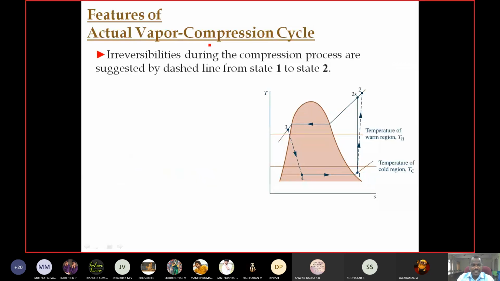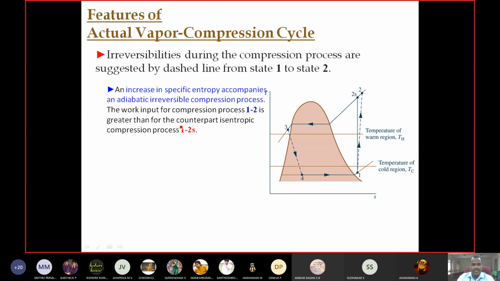Then the irreversibilities during the compression process are indicated by dashed lines from state 1 to 2. So these dashed lines will give you the irreversibility. You know what reversibility and irreversibility are, right? Then the increase in specific entropy accompanies an adiabatic irreversible compression process.